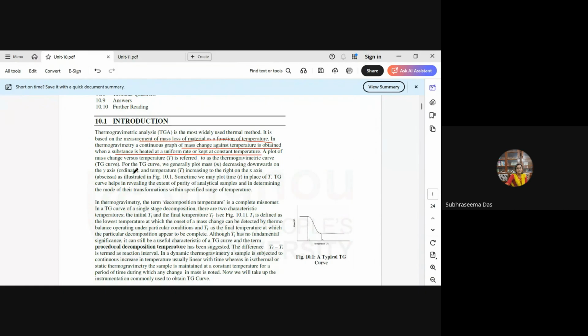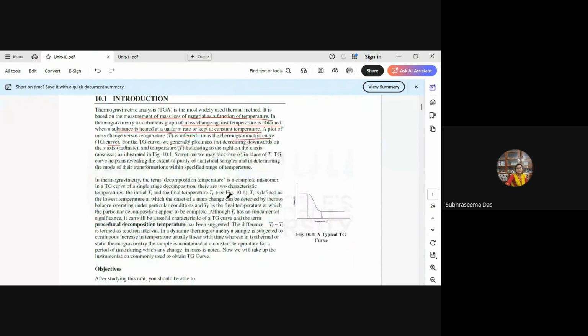So a plot of mass change versus temperature is referred to as the thermogravimetric curve, or the TG curve. In the TG curve, we generally plot the mass that keeps on decreasing along the y-axis, and the temperature is taken on the x-axis. Here is a typical diagram of a TG curve, shown in figure 10.1.